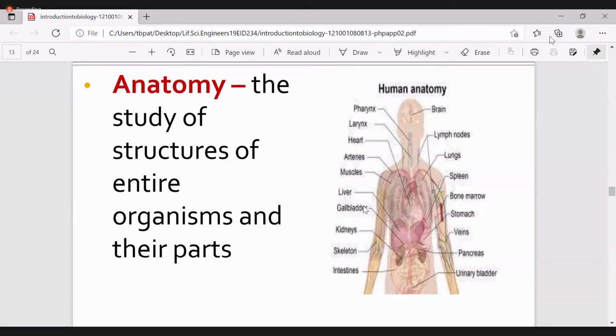And the gallbladder and the liver, and muscles, arteries, meaning veins and arteries. Veins seem to be green in color. Arteries are somewhat red in color. The arteries carry pure blood.